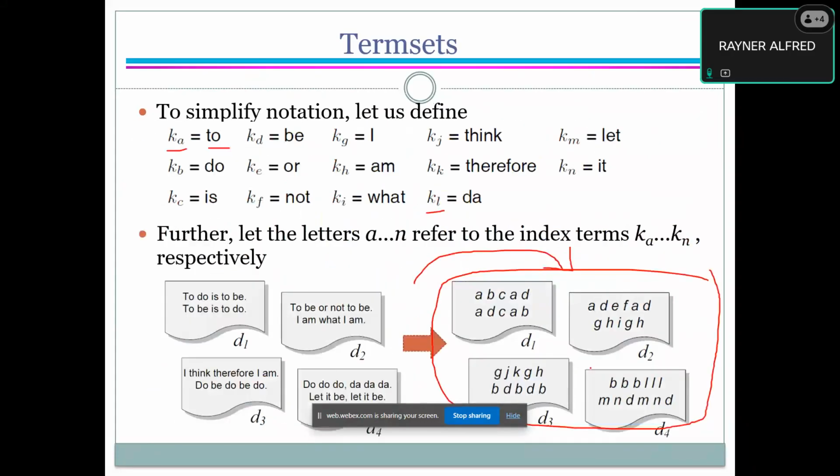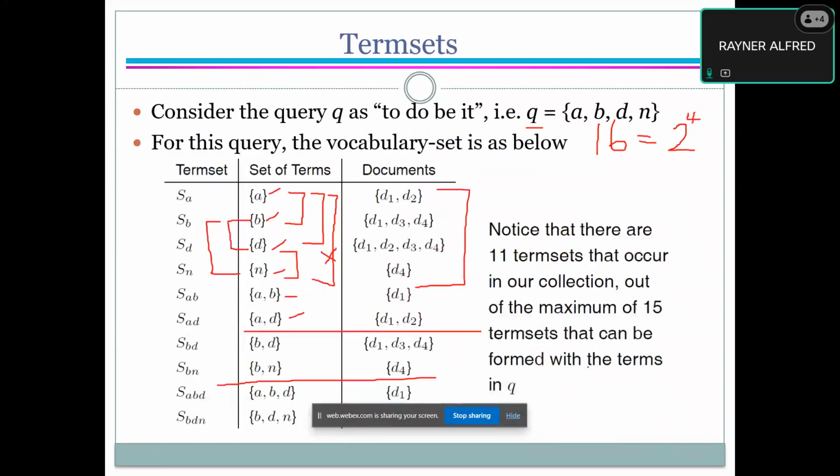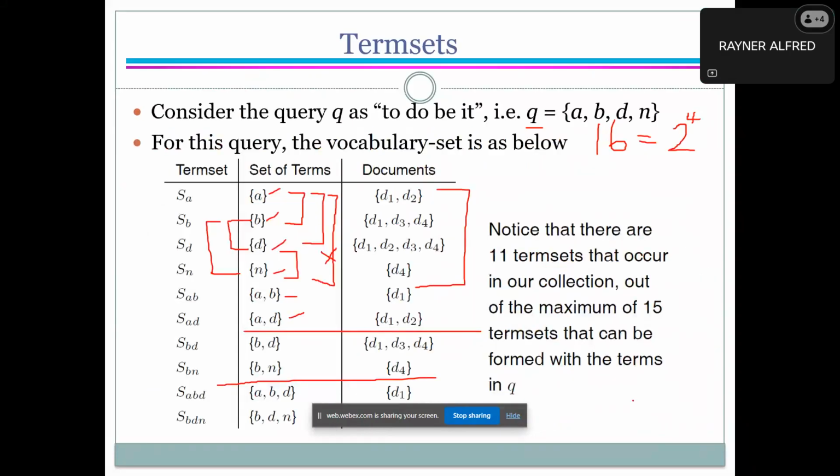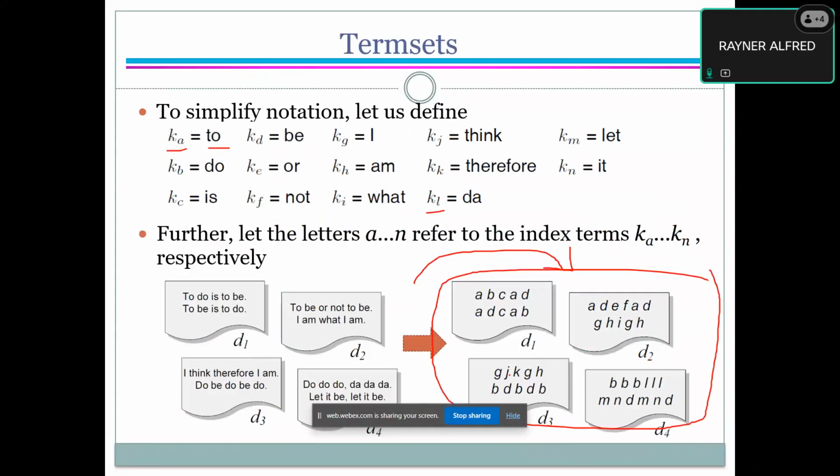D and N. Where is D and N? We have here. No, the order. Okay, we do not have D and N, but this one has one, right?